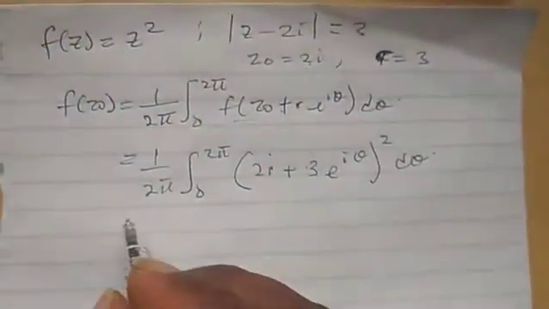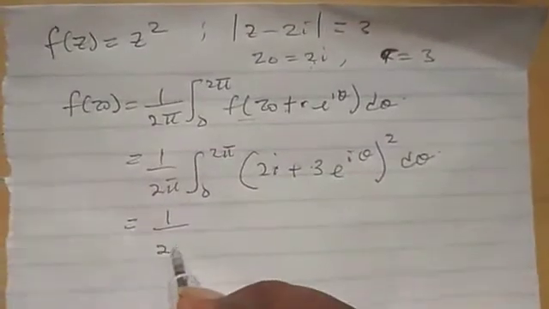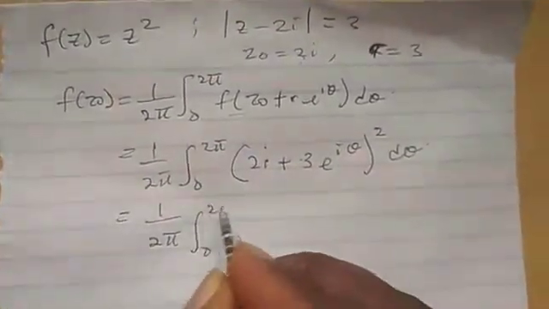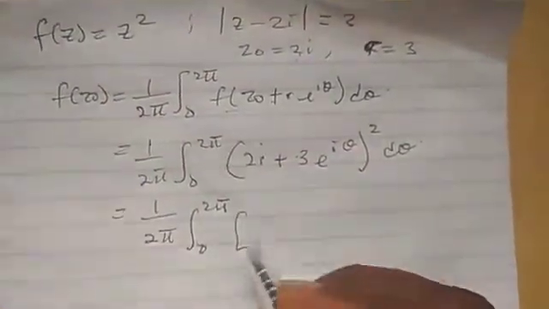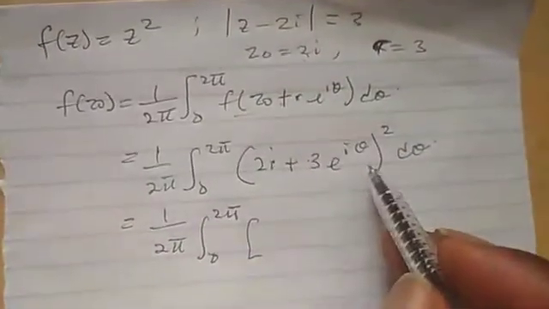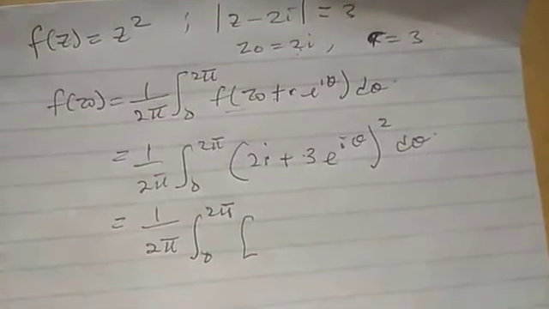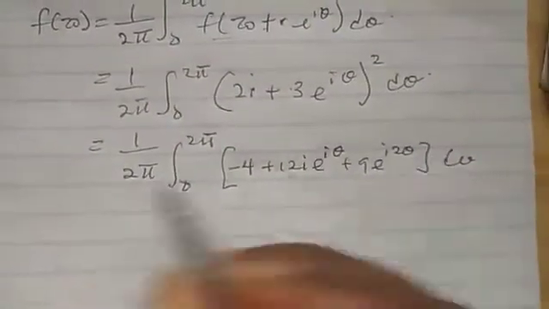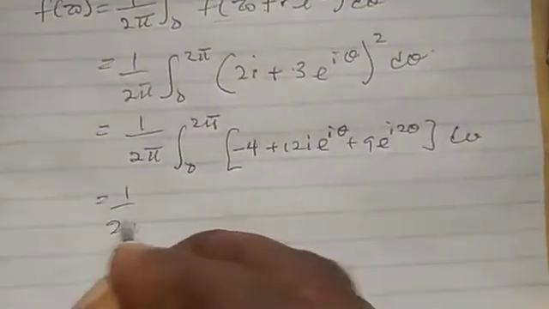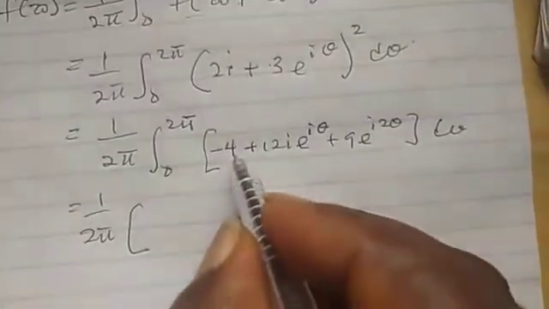Now, let's go further. How do we now integrate this? We need to expand it. So let's quickly expand it and get an answer. When we expand, what do we have? I've expanded it now. Let us now integrate.